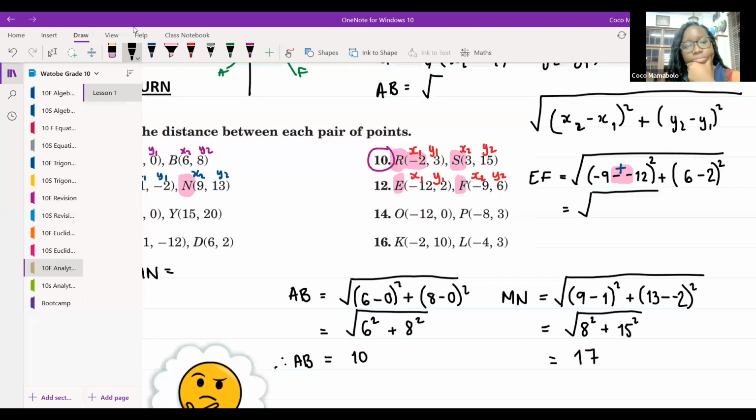It's 3, ma'am. Good. Positive 3, but I've still got to square, right? I still have the square on the outside. So this is actually 3 squared plus, what about 6 minus 2?